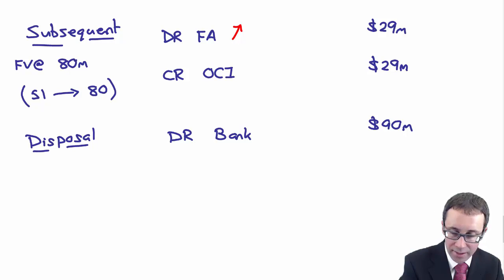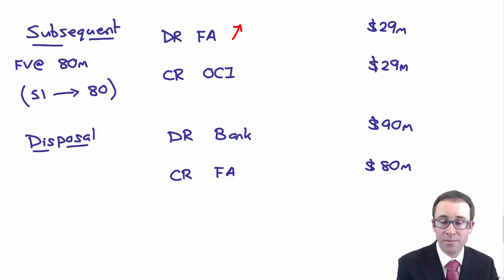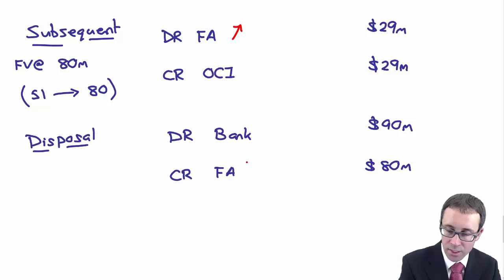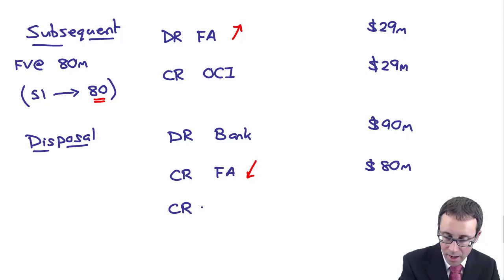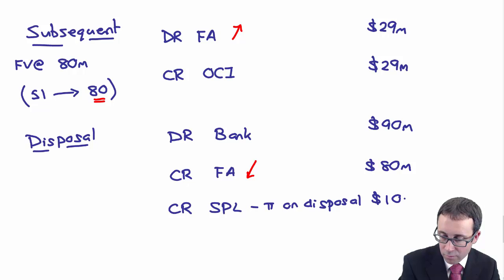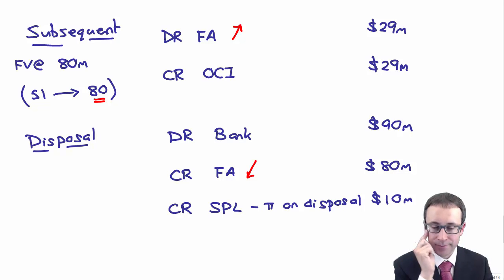If I've debited the bank with 90 million, I need to credit my financial asset with 80 million because that's what it was previously valued at. So that's what I remove. And then I credit my statement of profit or loss with a profit on disposal of 10 million. Okay.